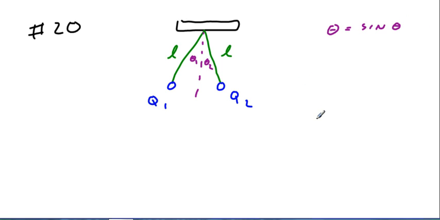So we'll probably do some trick like that later on. All right, so problem number A. If Q1 is equal to Q and Q2 is equal to 2Q, and the M's are all the same, the masses of the spheres are the same, determine the ratio of theta 1 to theta 2.